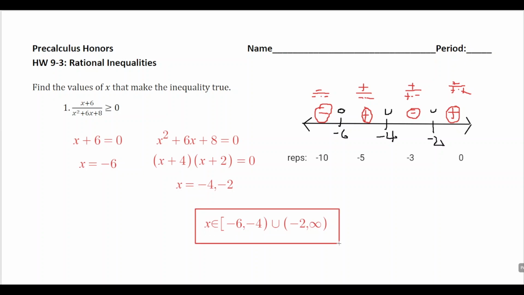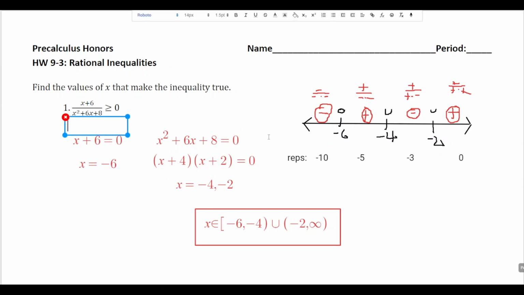So that's our solution set, and that's how you're going to write your answers, okay? If you're just solving an equation with a finite number of solutions, you'll write x equals and then just list them out. But if x can be infinitely many solutions in between values, then this notation is preferred.